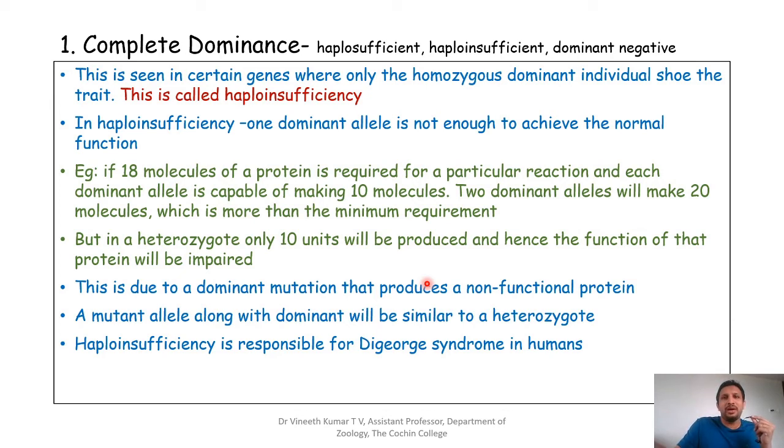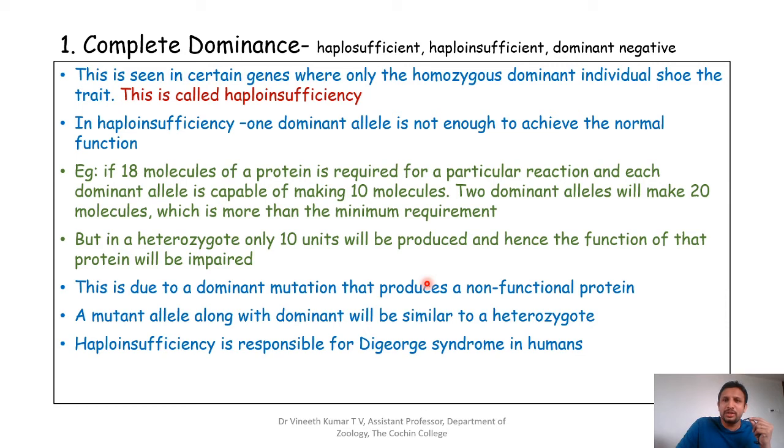When something is expressed in a homozygous condition and the same is expressed in the heterozygous condition, you should call it a dominant one, and hence this is called a dominant mutation, or a dominant mutant inheritance. It is a mutant one, not wild type. If it was wild type, you would just call it dominant inheritance, but here dominance is reversed because of this mutation and haploinsufficiency.